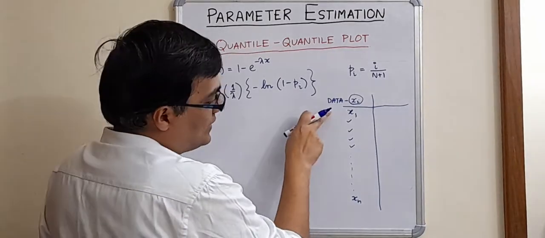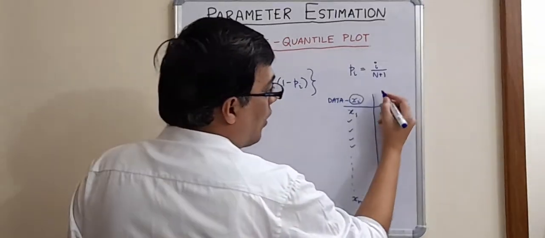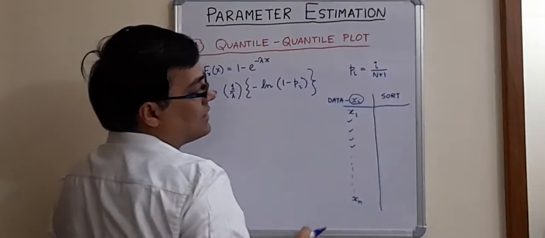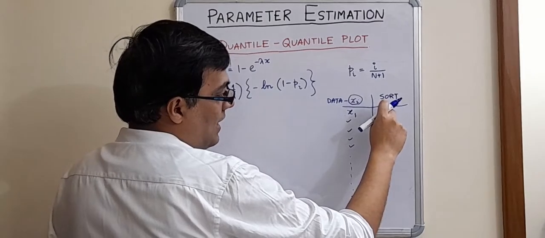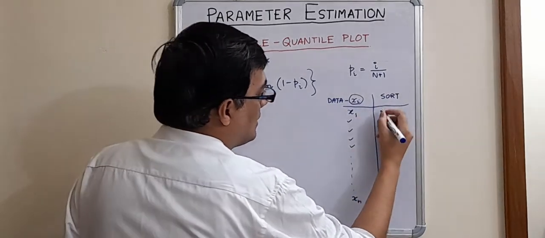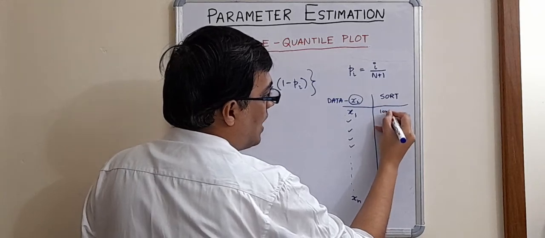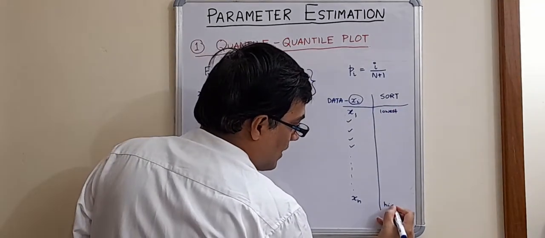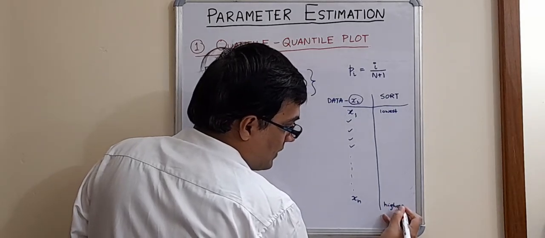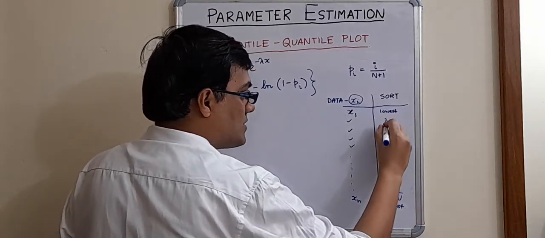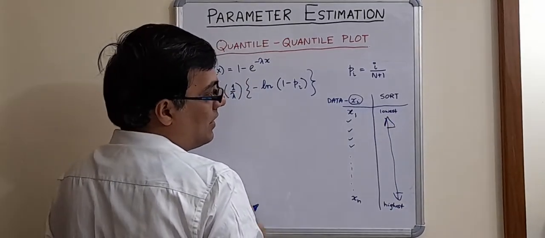So first you take the data and then you sort this in ascending order, meaning you start with the lowest one and end with the highest one, in terms of magnitude. So you're just using the sort command.